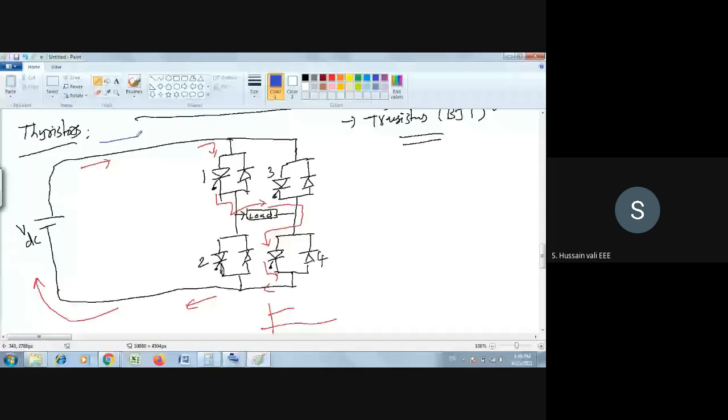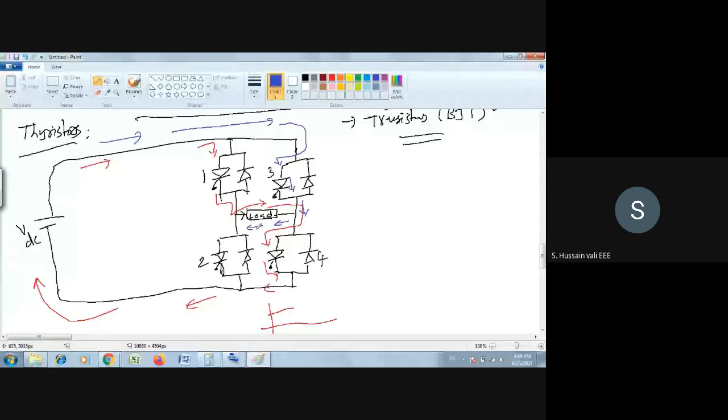Then to thyristor 3, then it comes to the load, then to thyristor 2, and then it makes the reverse. So this is the blue color one, and you see the red color one.